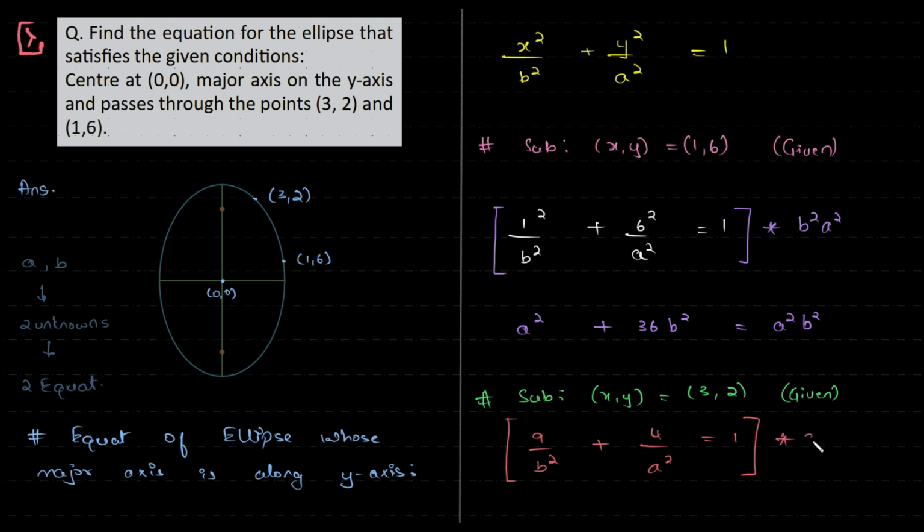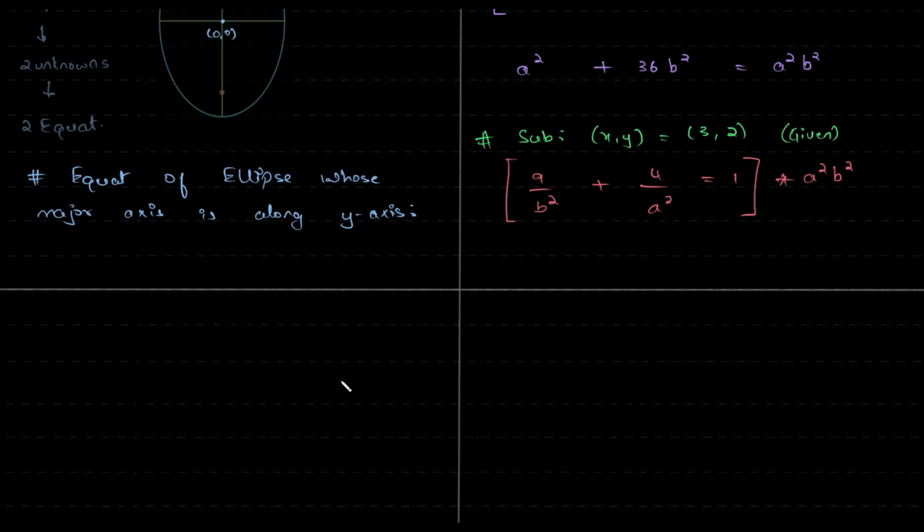And again we'll multiply with a square and b square. So what we have here is 9 a square plus 4 b square is equal to a square b square. And this is equation 2 and this is equation 1.